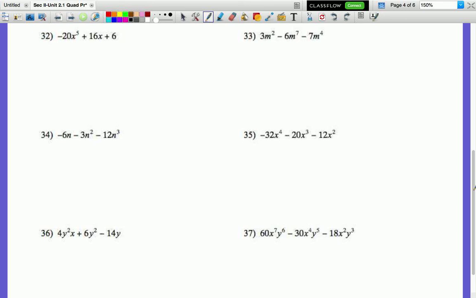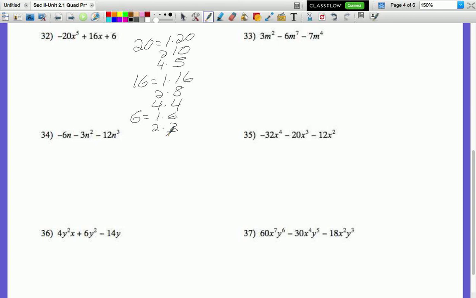32, we have negative 20x to the 5th plus 16x plus 6. So what we do with this one, if you can't see it right off the bat, write out what times what equals these numbers. So 20 equals 1 times 20, 2 times 10, 4 times 5. 16 equals 1 times 16, 2 times 8, 4 times 4. 6 equals 1 times 6, 2 times 3.